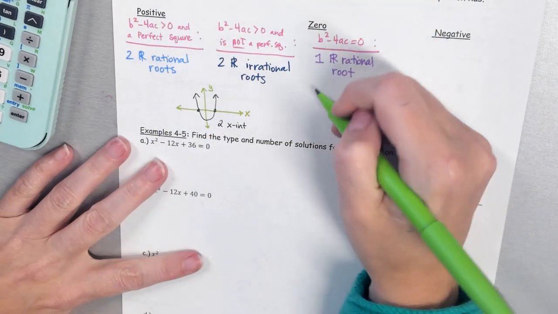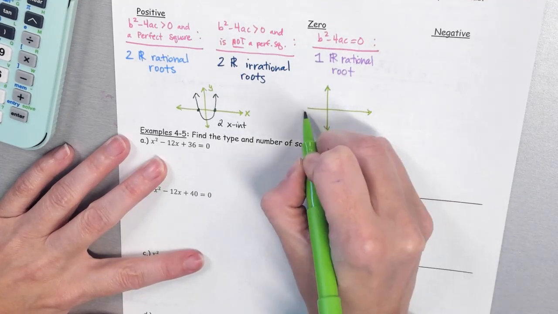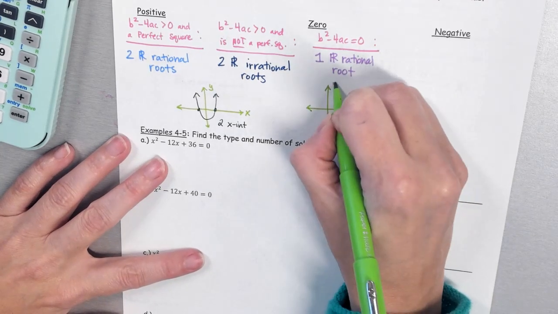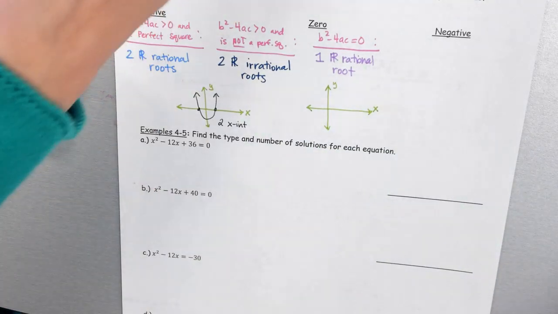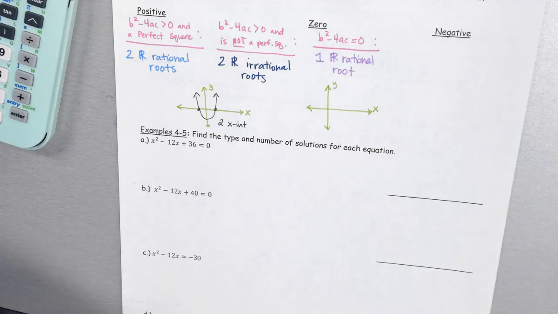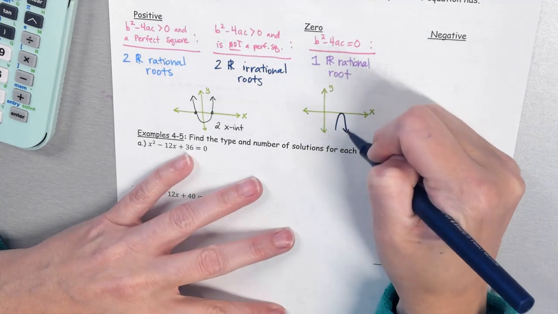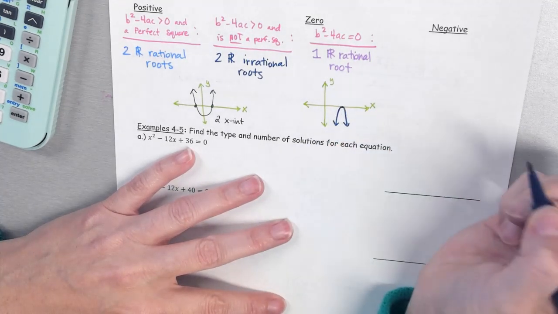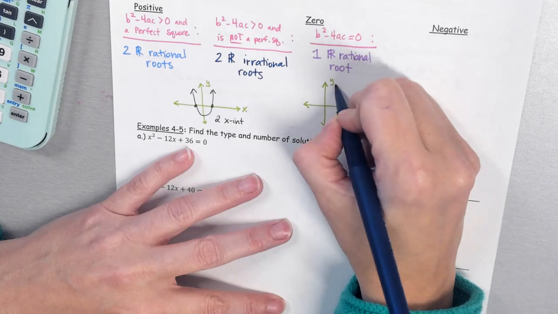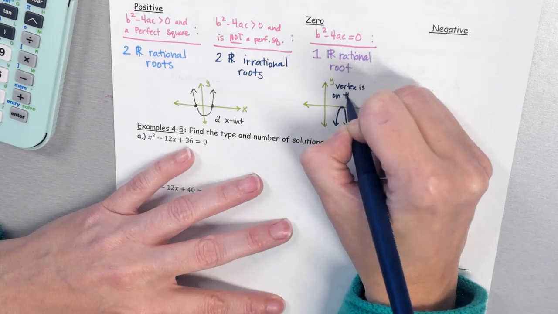Now on your graph, if you only have 1 real rational root, that means the vertex is on your x-axis. So it could look like this. Okay, the vertex is on the x-axis.